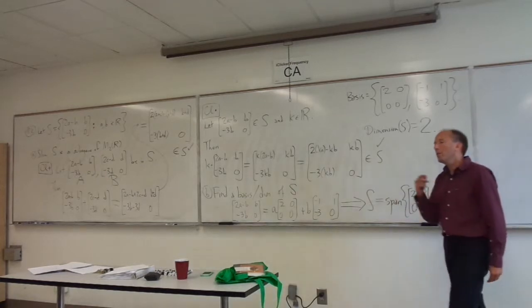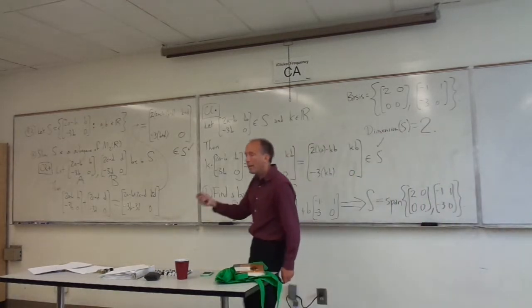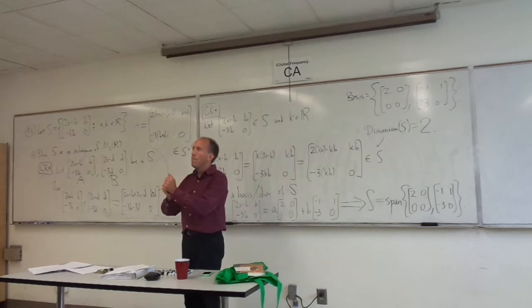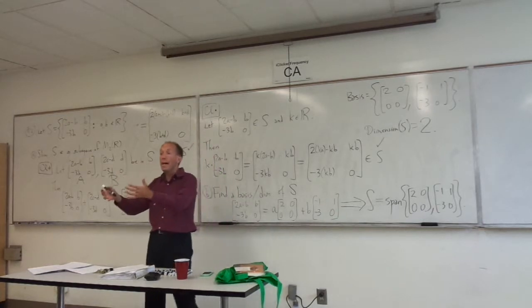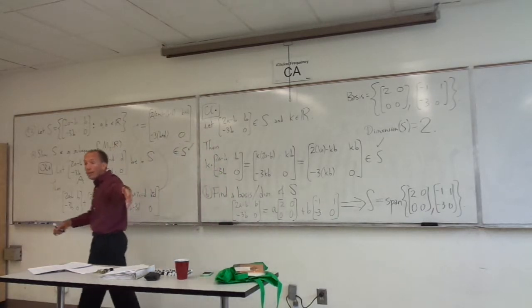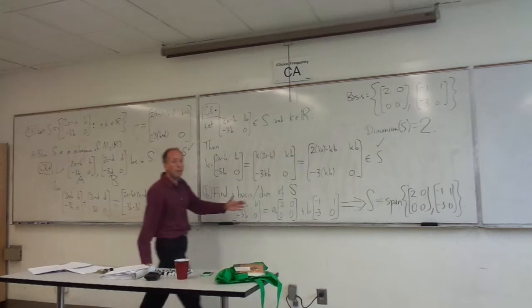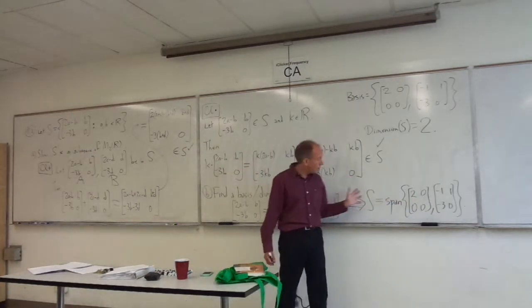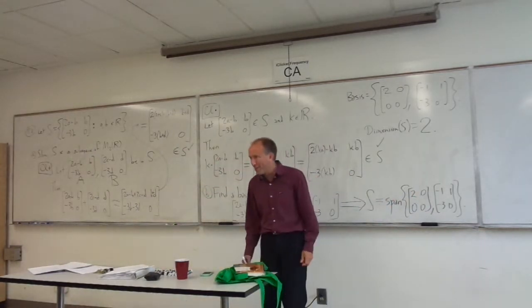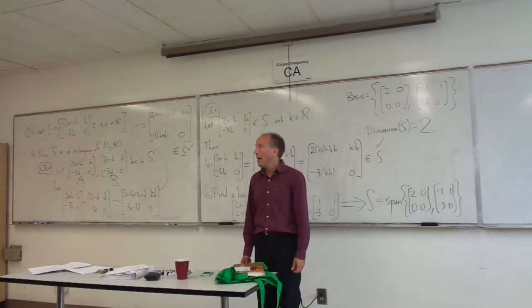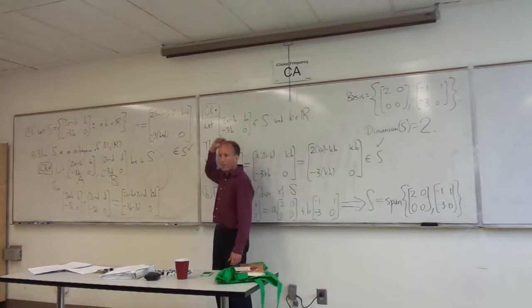So if you recognize your set as being the span of something, as long as you show me the work that convinces me that S is the span of those vectors, then you can say it's a subspace on that basis alone. You don't have to go through these two steps.